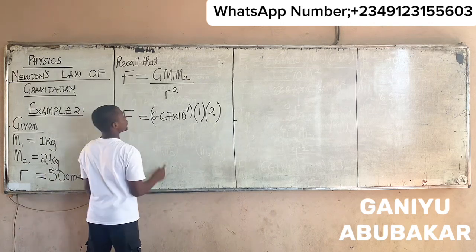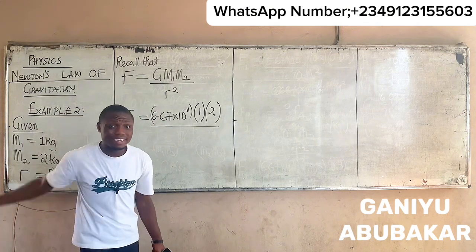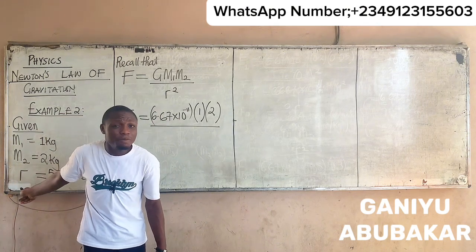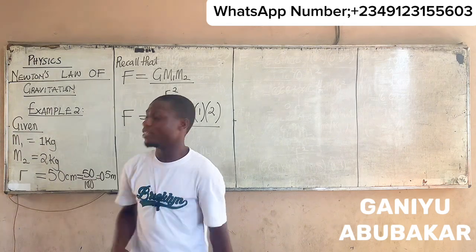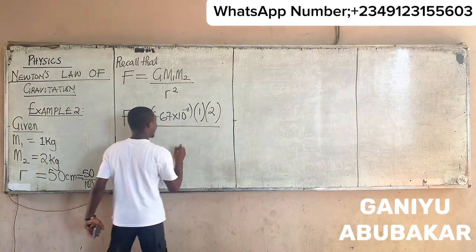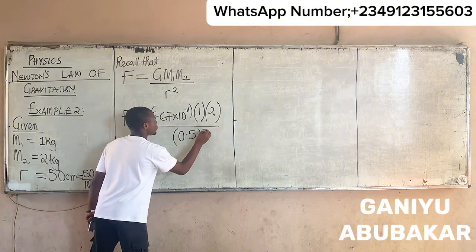All over R squared. What's your R? Don't give me 50 centimeter; rather, give me the converted value, 0.5, all squared, please.